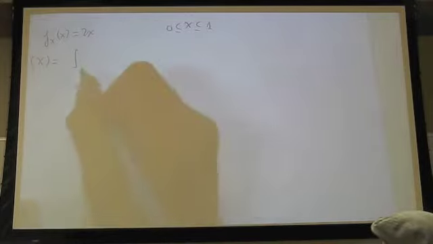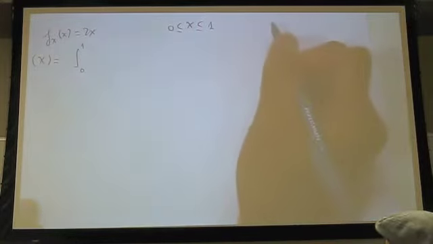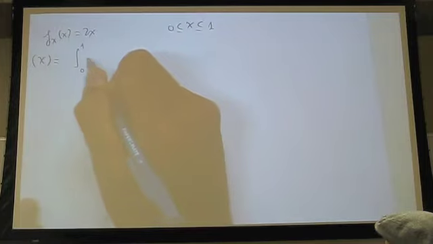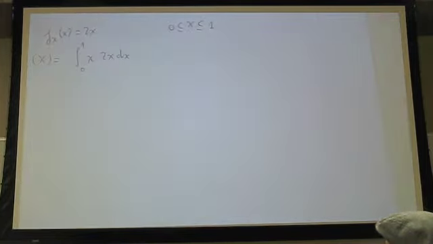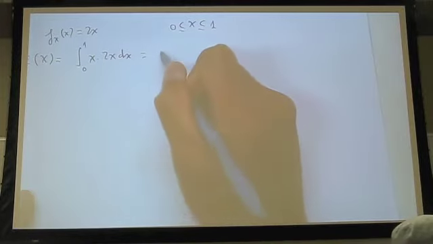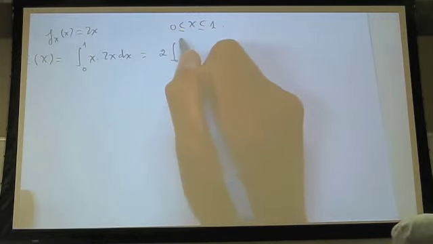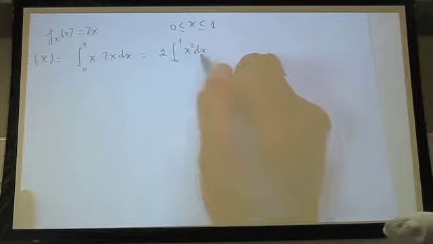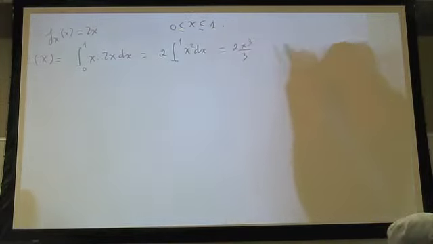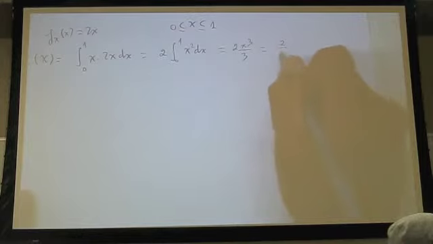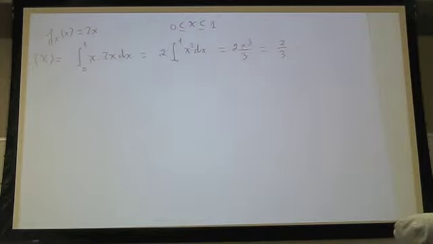So I'm going to have the integral from 0 to 1 of x times 2x dx. Can you see that? Okay, so this thing right here will be 2 times the integral from 0 to 1 of x squared dx, right? And then what do you have right here? 2x to the third over 3. So what is that? It's just 2/3. That's the expected value, correct?